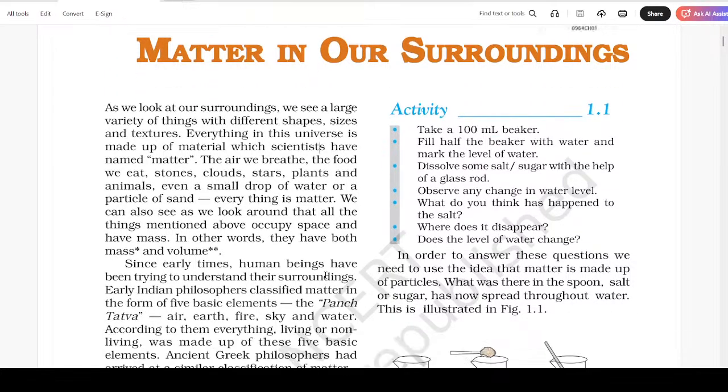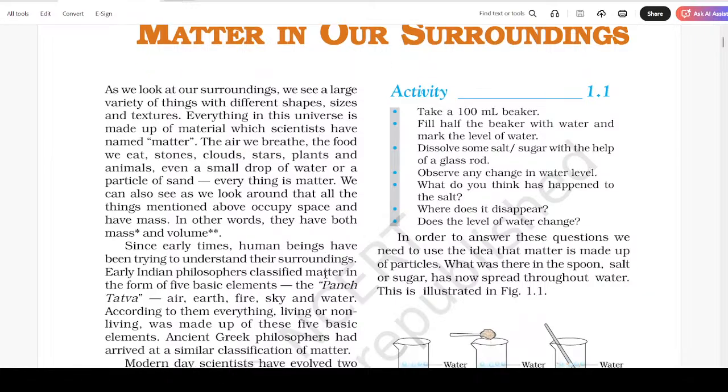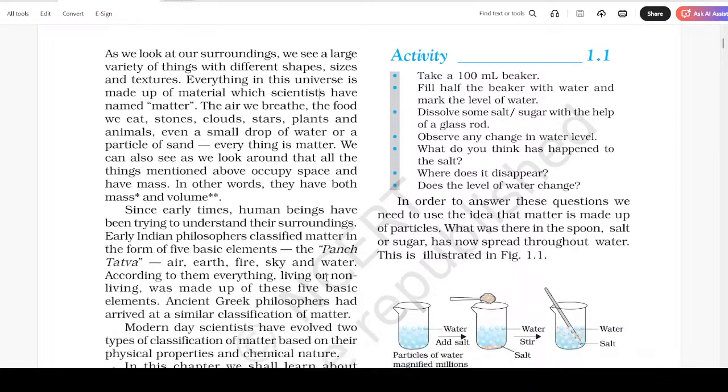Since early times, human beings have been trying to understand their surroundings. Early Indian philosophers classified matter in the form of five basic elements: the Panch Tattva: air, earth, fire, sky, and water. According to them, everything living or non living was made up of these five basic elements.